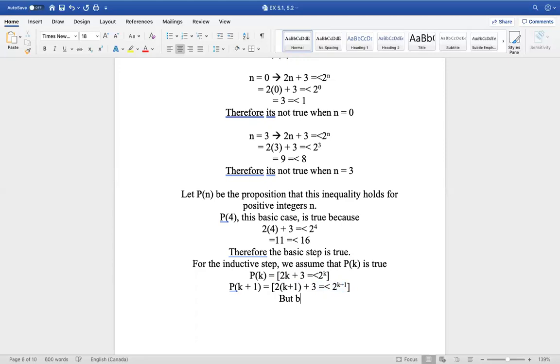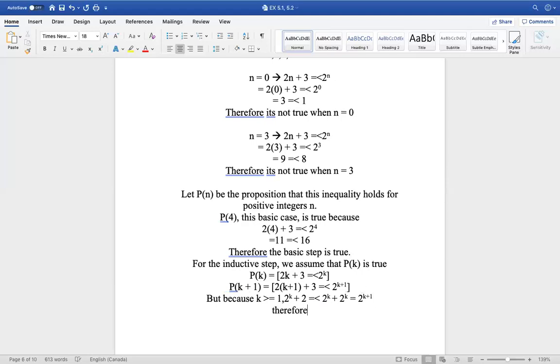Okay, but because K is greater than or equals to 1, 2K plus 2 is less than or equals to 2K plus 2K, which is equals to 2 to the power of K plus 1.